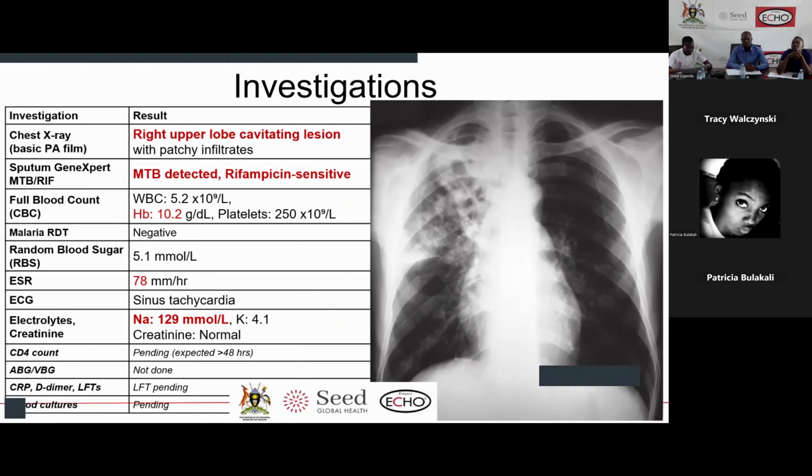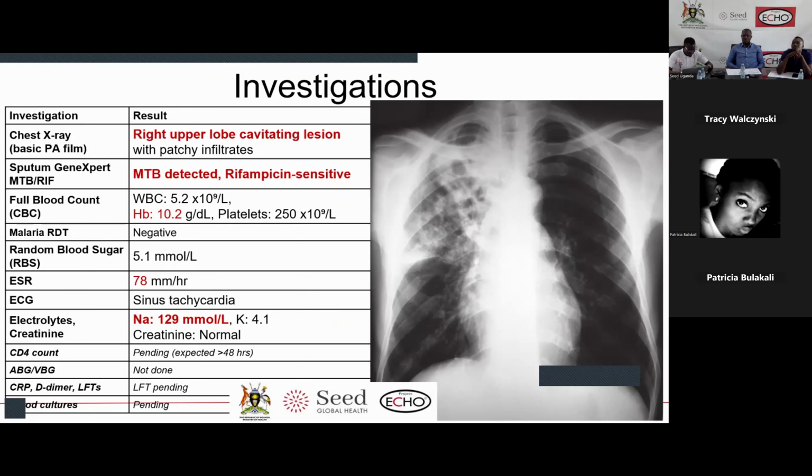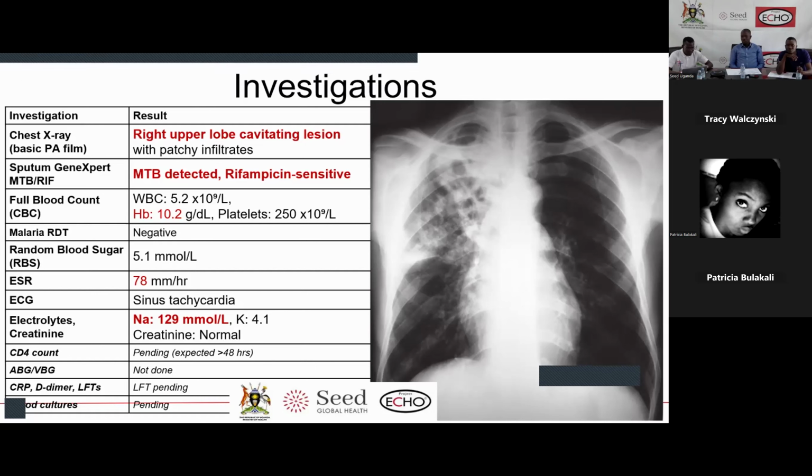Yeah, there are differentials coming up in the chart. We can see the list is now a bit narrow. PTB, someone is saying, David says PJP still stands. PTB, anemia, advanced HIV disease. So yeah, I think we can go on.